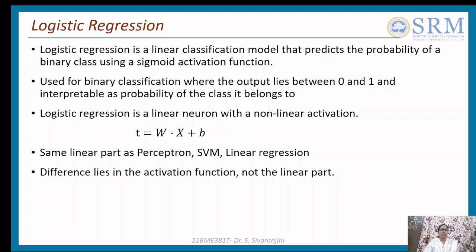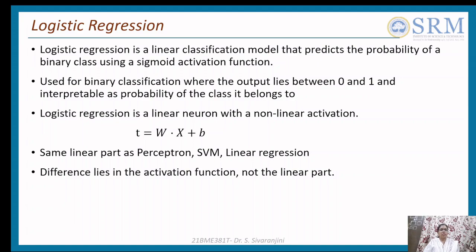In short, it uses a linear equation, uses a sigmoidal activation function, and then gives you the probability of which class it belongs to. It is used for binary classification where the output lies between 0 and 1, interpretable as the probability of the class it belongs to.